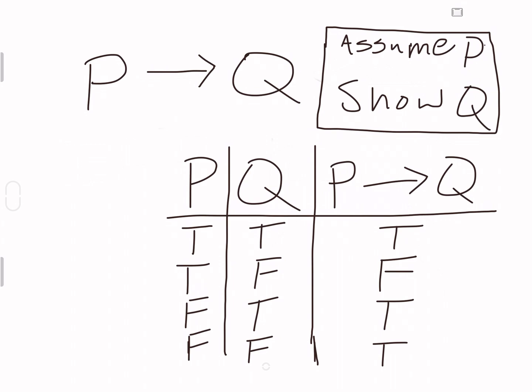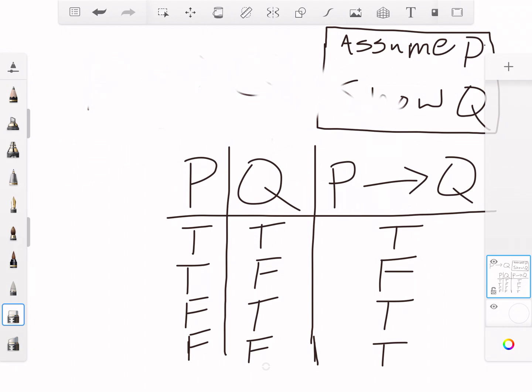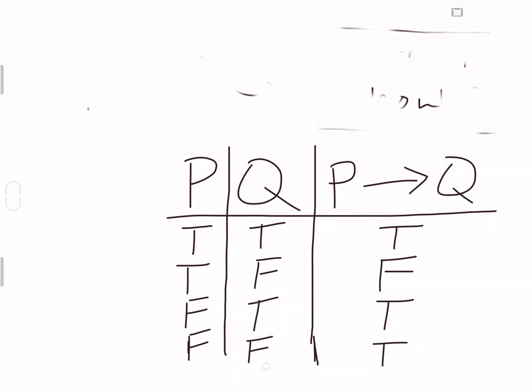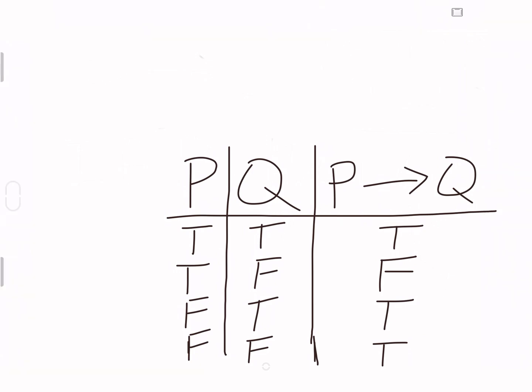So we live in a world of truth or falsity in mathematics, right? There's no gray area. Things are either true or they're false. There's no sometimes, which is really nice, I must say. So P is either true or false.